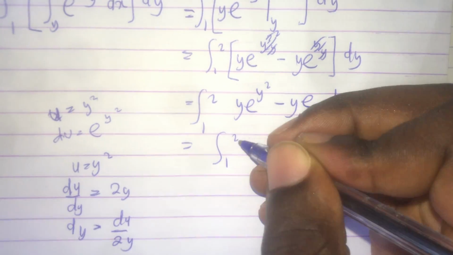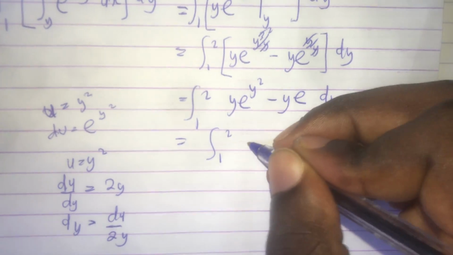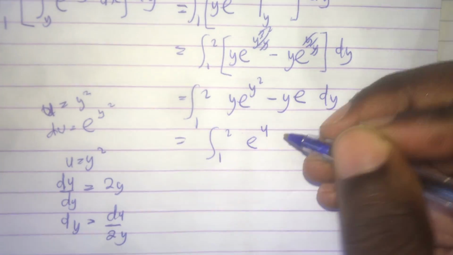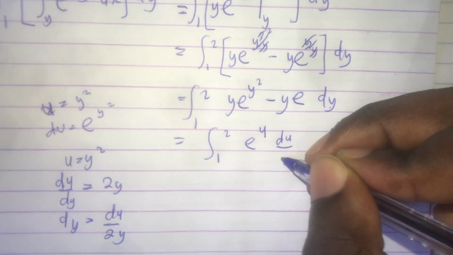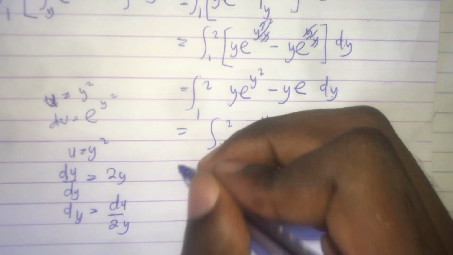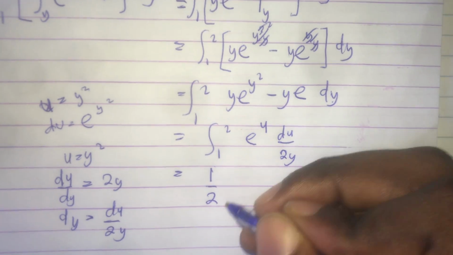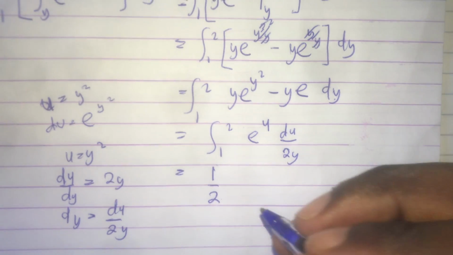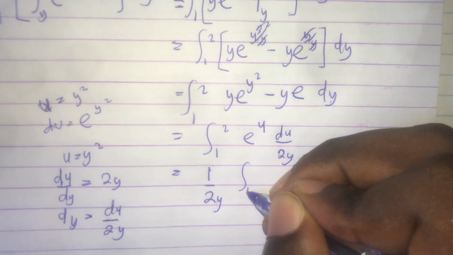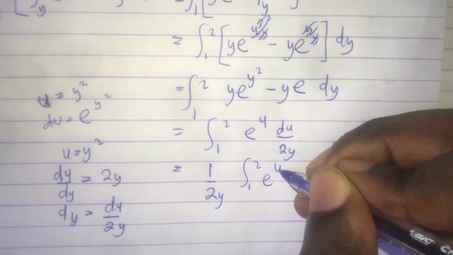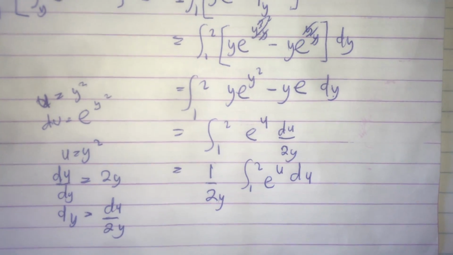So here we have e^u, and dy is du over 2y. So you factorize out, so you have 1 over 2y, e^u du.